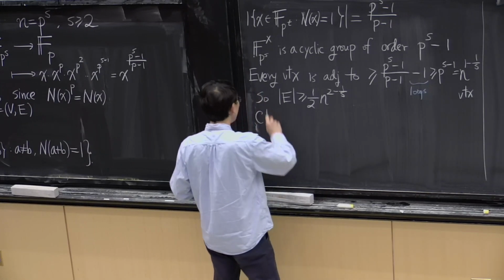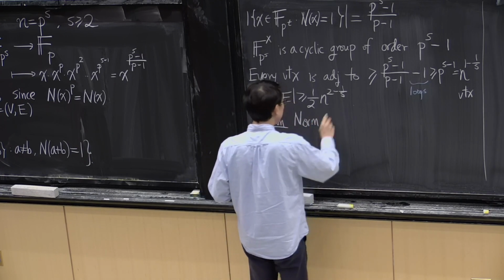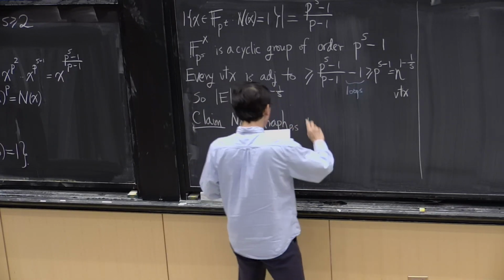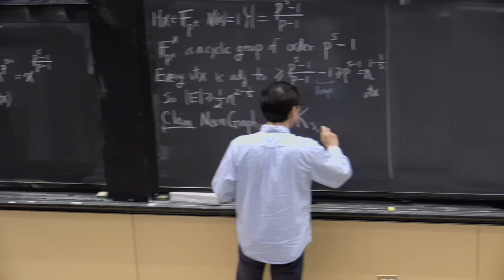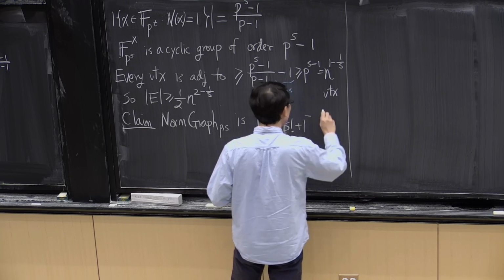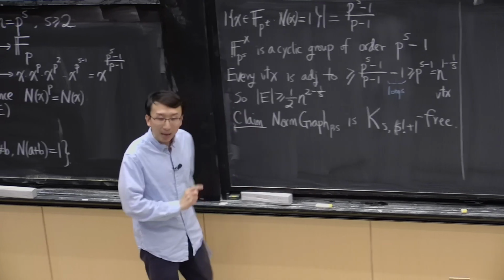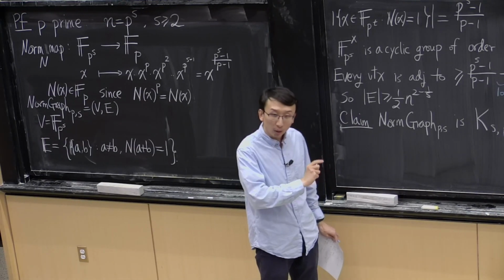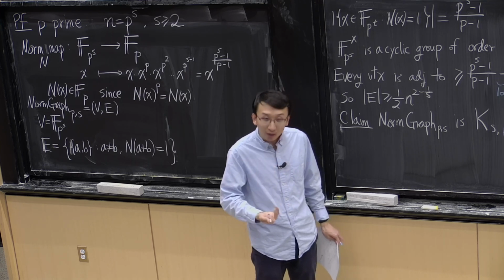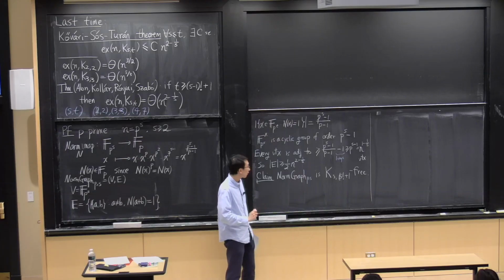So the claim is that this construction, this norm graph, is K_{s,s!+1}-free. So it's not quite the bound I claimed; it's a little bit weaker. But it is in the spirit of what I'm claiming, namely that for t a large enough constant, this graph is K_{s,t}-free.